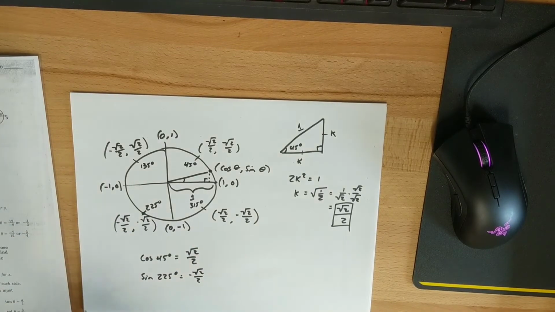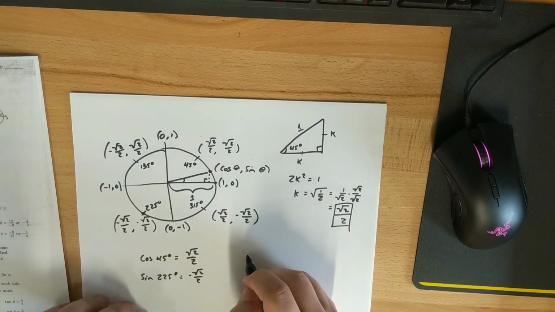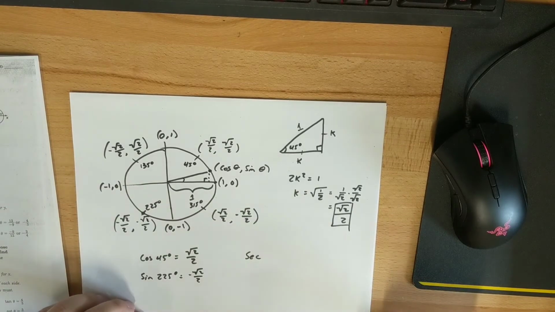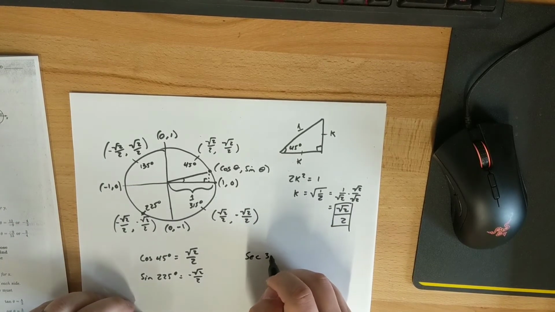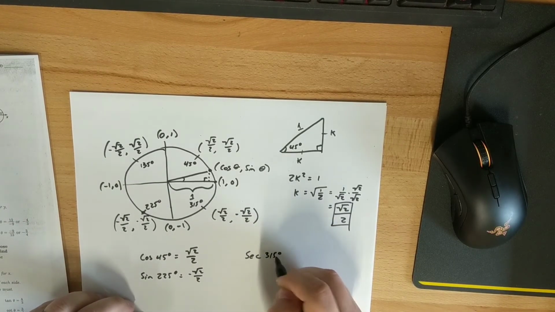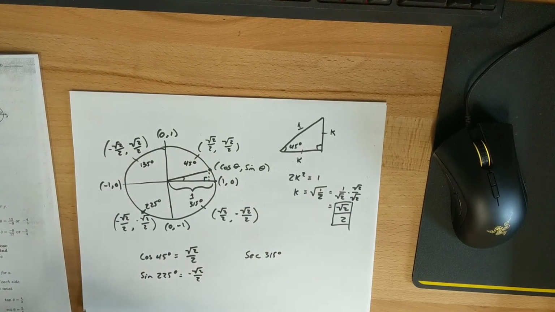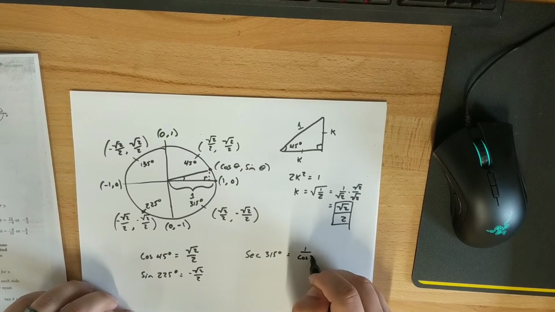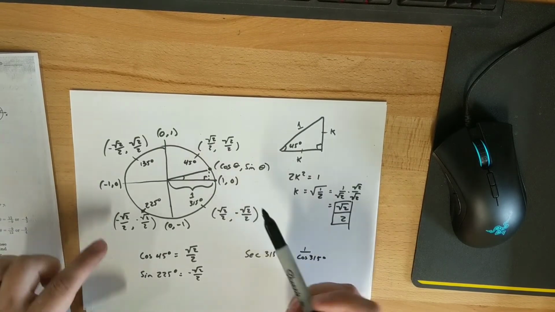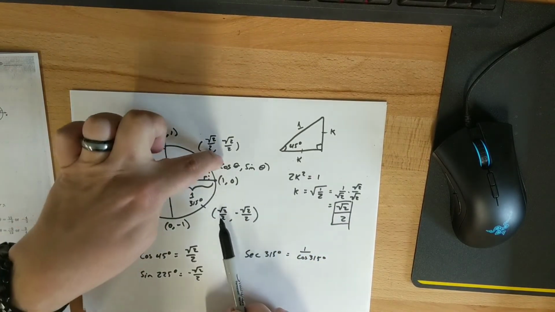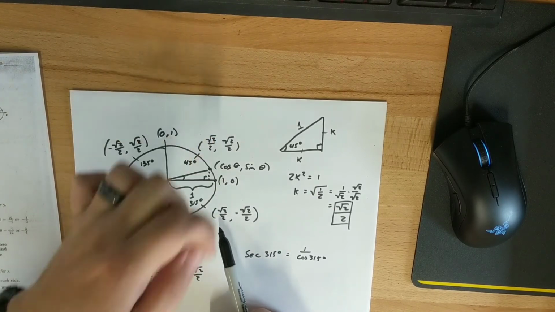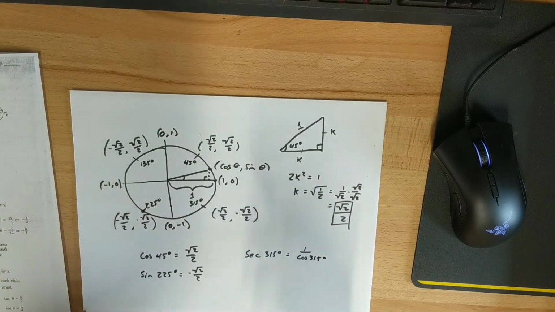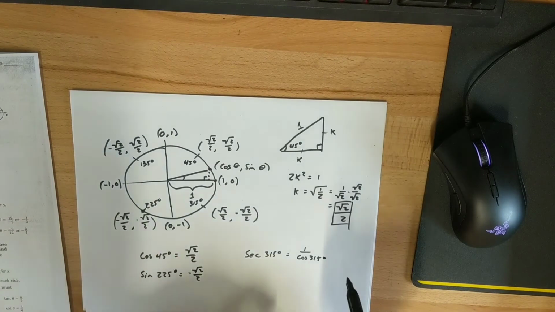Then they get fancy on you, right? They say, what is the secant of 315 degrees? You have to think back to your definitions a little bit. Secant is the reciprocal of cosine, so this is 1 over the cosine of 315. I look at my 315, cosine is x, root 2 over 2. It's 1 divided by that, aka the reciprocal.